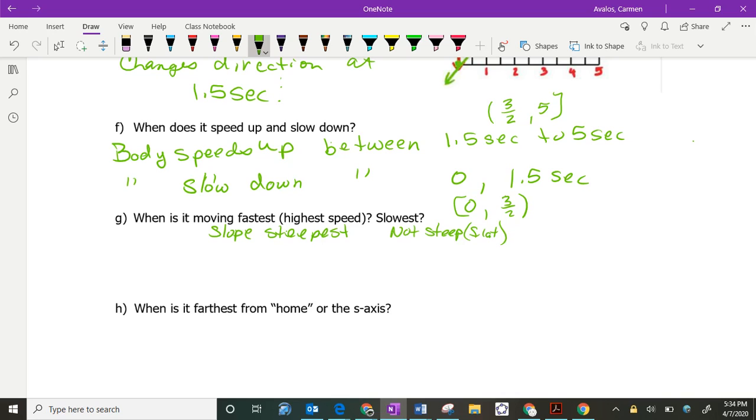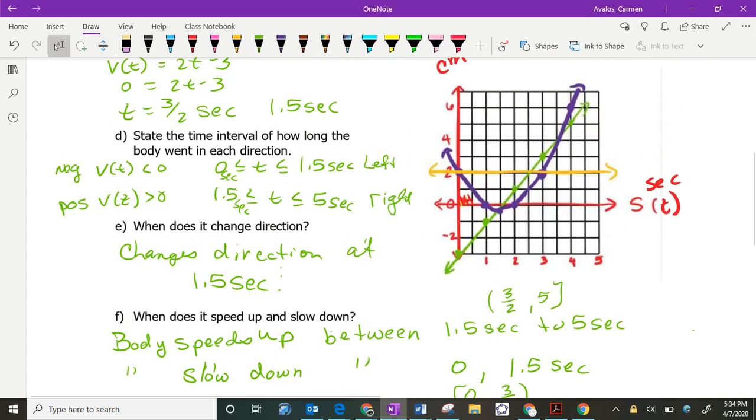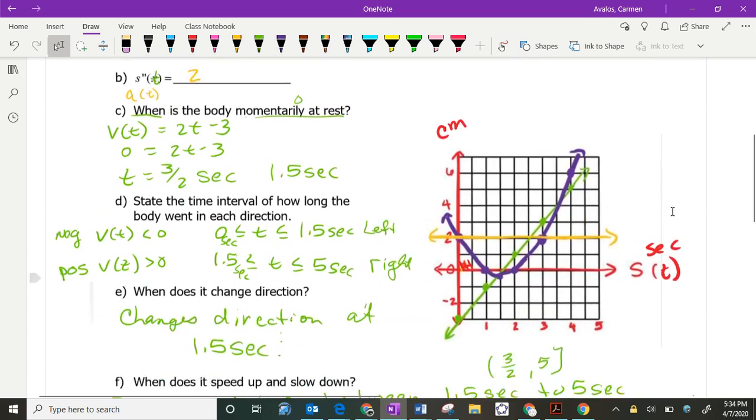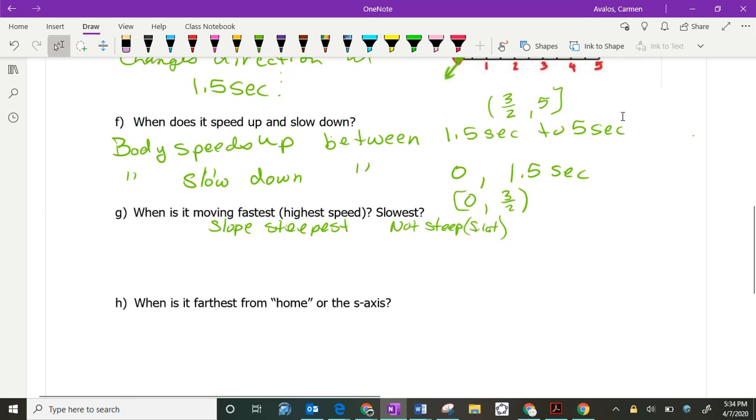Okay, so when is the body moving the fastest? If I look at this, the fastest is going to be between the interval of 0 and 5, which is where the restrictions are given to us. It has to be at 5 because here it's not as steep. The steepest is going to go when I move all the way up there. So I know that's going to be the steepest. So what is the speed that it's going to be?